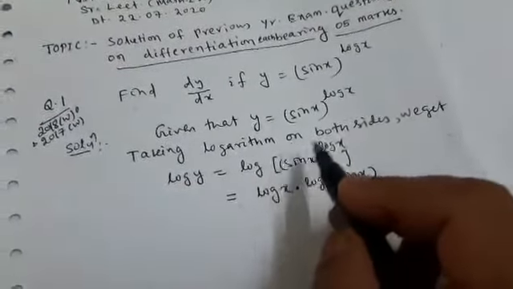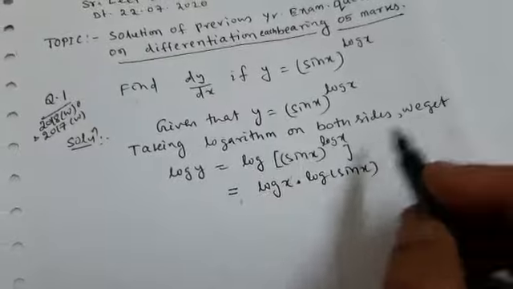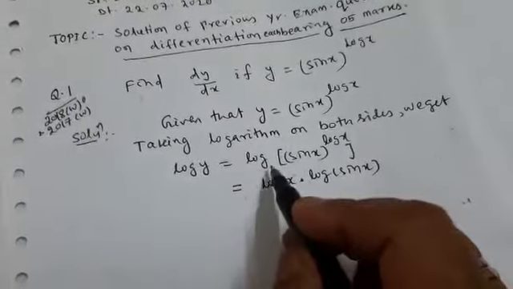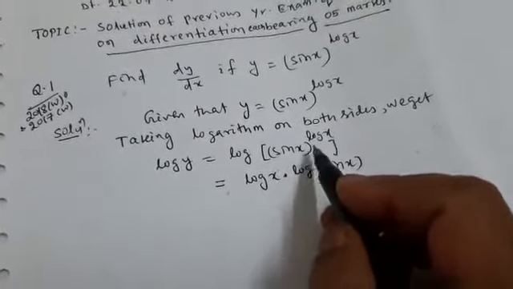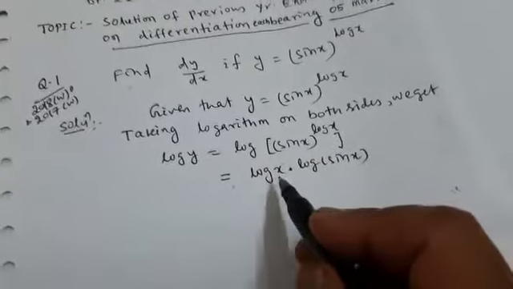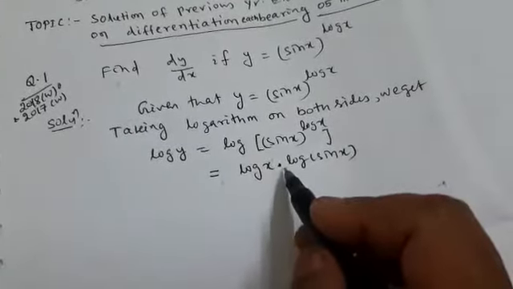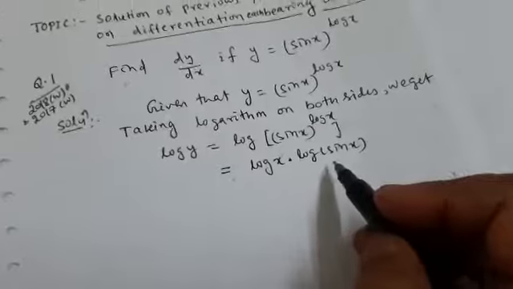Taking logarithm on both sides, we get log y is equal to log of sin x to the power of log x. So this is equal to log x into log sin x.